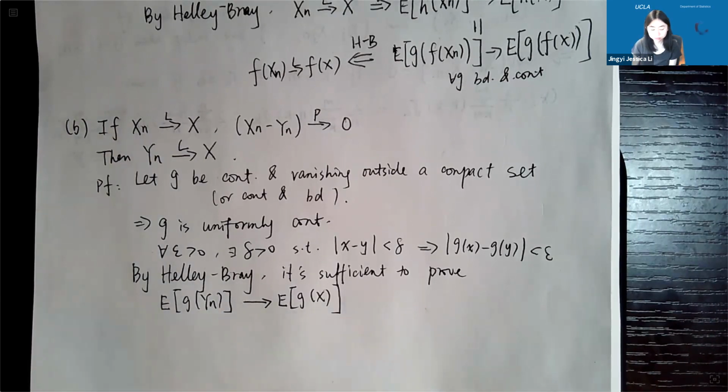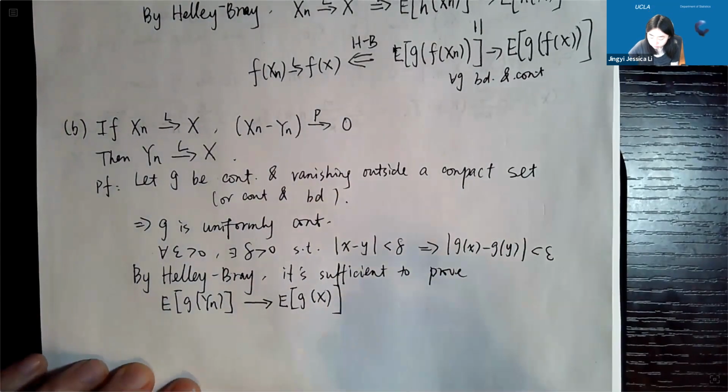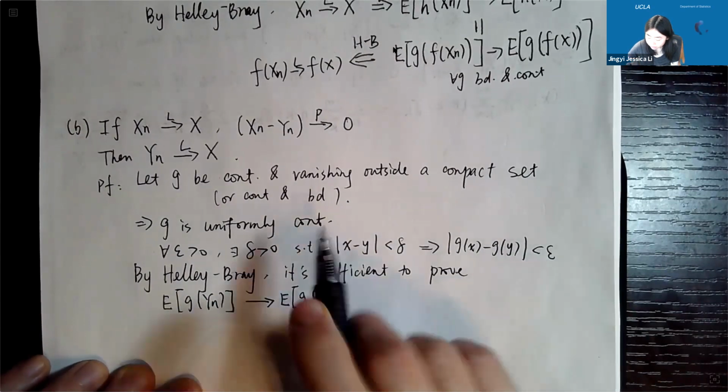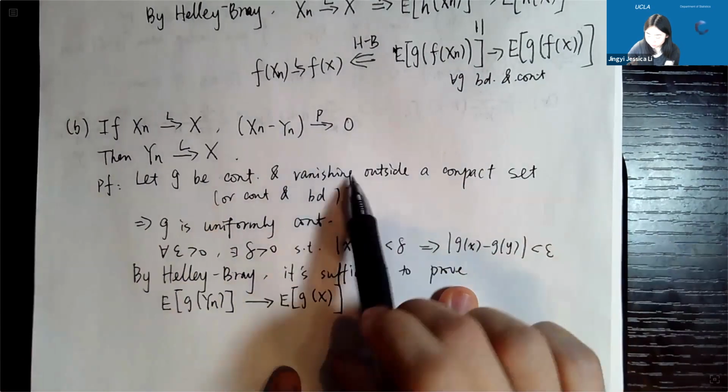Then I only need to play with g(yn) and g(xn). So this g is uniformly continuous and bounded, right? Either type gives me a bounded g.